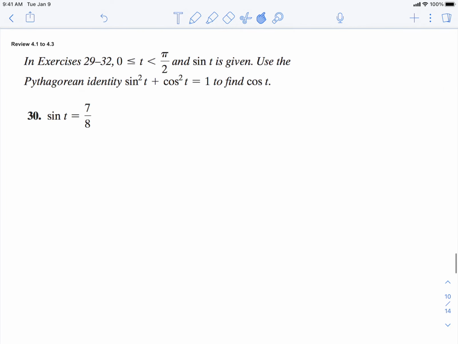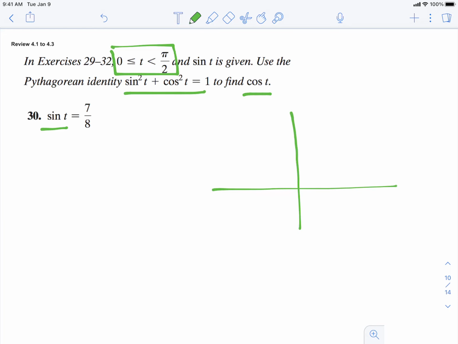All right, next question. We want to find the cosine, and we're giving you the sine. And the angle falls between 0 and pi over 2. And we want to use the Pythagorean identity. So here is our 4 quadrants.